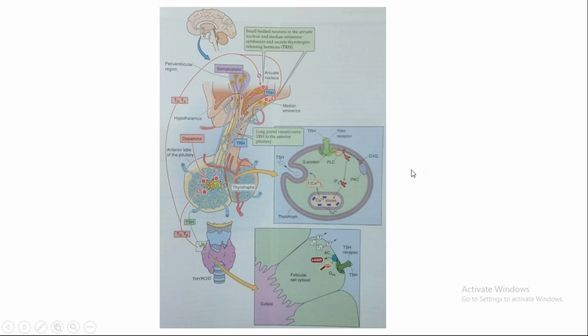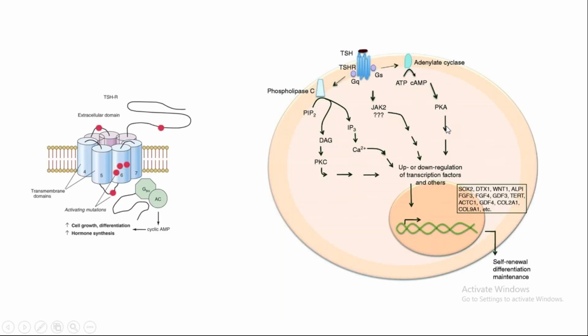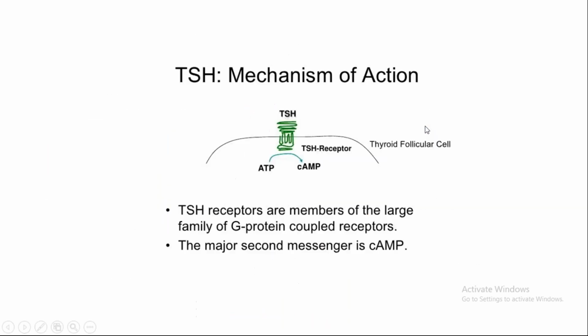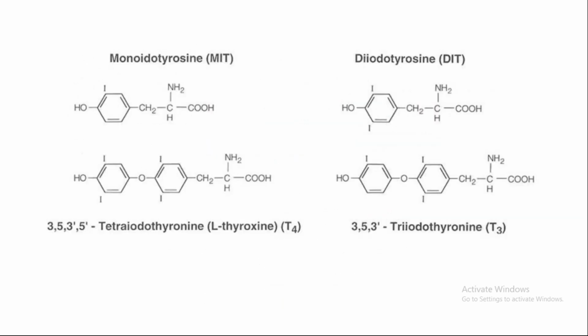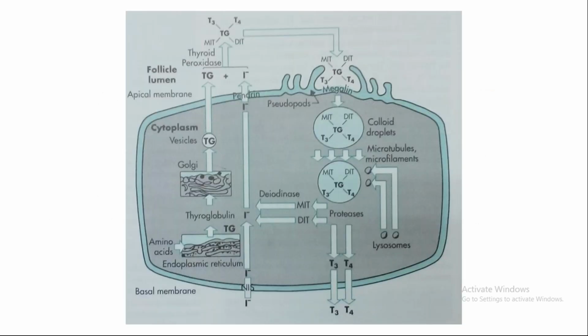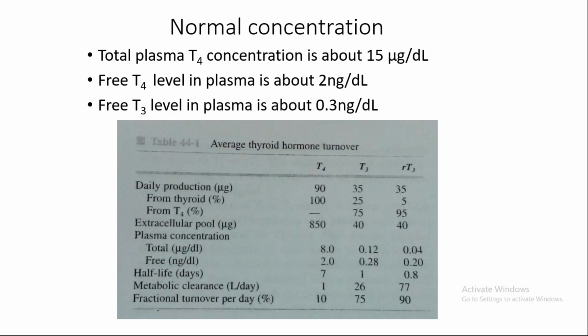Now before we see the functions of the thyroid hormone, we have to see the structure also. I have told you last time, MIT, DIT, T3 and T4. Now we'll see the normal concentration of the thyroid hormone in the plasma, then we'll see the functions.